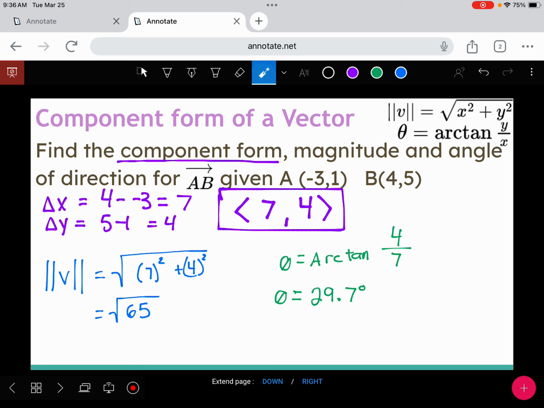And our vector, should we be in quadrant 1, 2, 3, or 4? Quadrant 1. Are we in quadrant 1? Yay, no additional work needed. So we've got our component form, that's this guy. We've got our magnitude, that's this guy. We've got our angle, that's this guy.